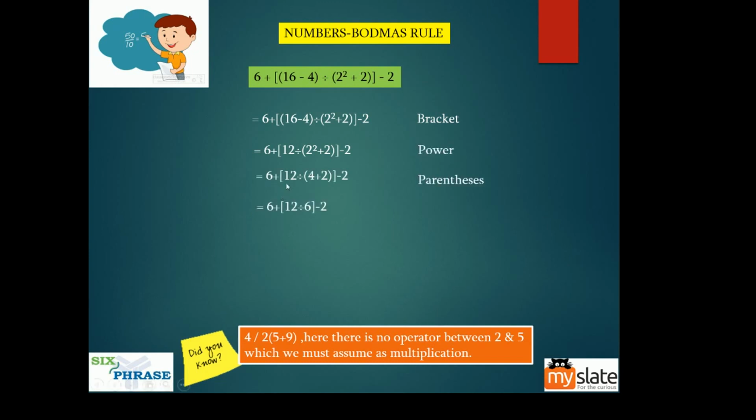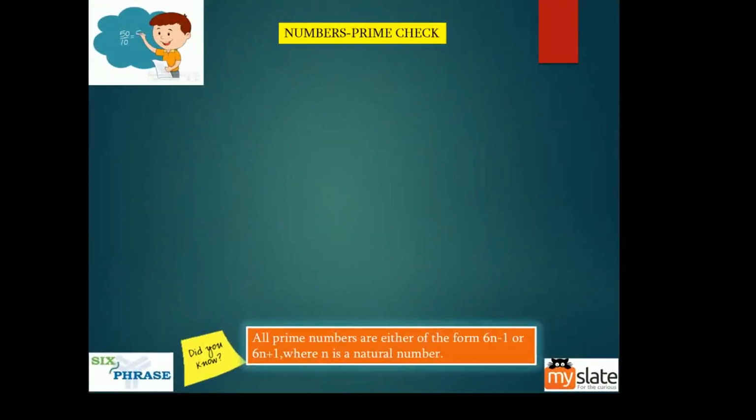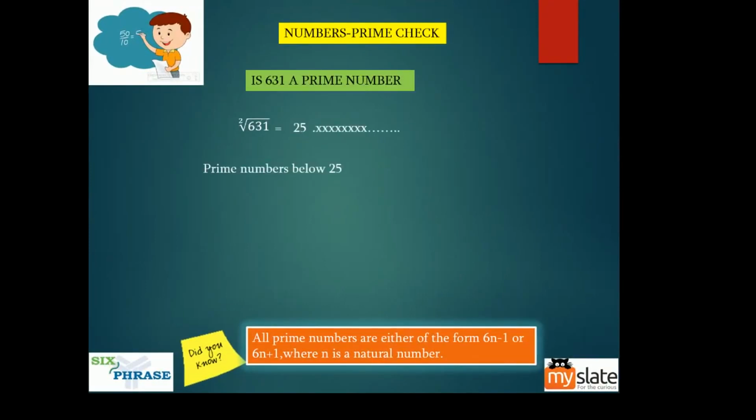Then look at this square bracket, do the addition, and you will finally have subtraction and get the answer. And in prime check, I've told you, is 631 a prime number? Take the square root and prime numbers below 25. These are the prime numbers. Check if it is. This is where understanding divisibility rules becomes very important, because 2, 3, 5, 7, 11, 13, 17, 19, 23, all these numbers have a rule.